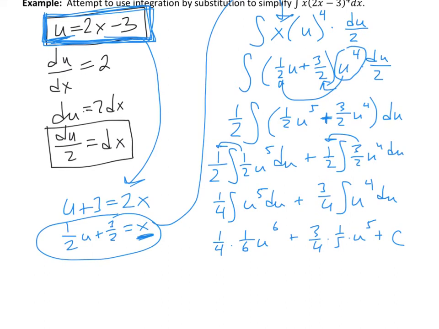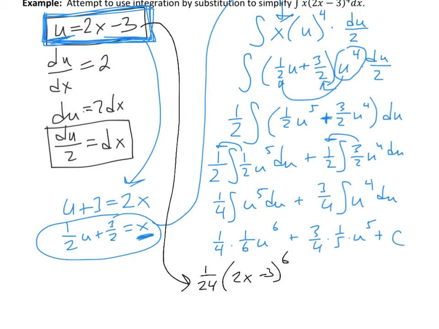I want to come back and take this x variable and put it in. So this would be 1/24 (2x minus 3) to the 6th plus 3/20 (2x minus 3) to the 5th plus c.